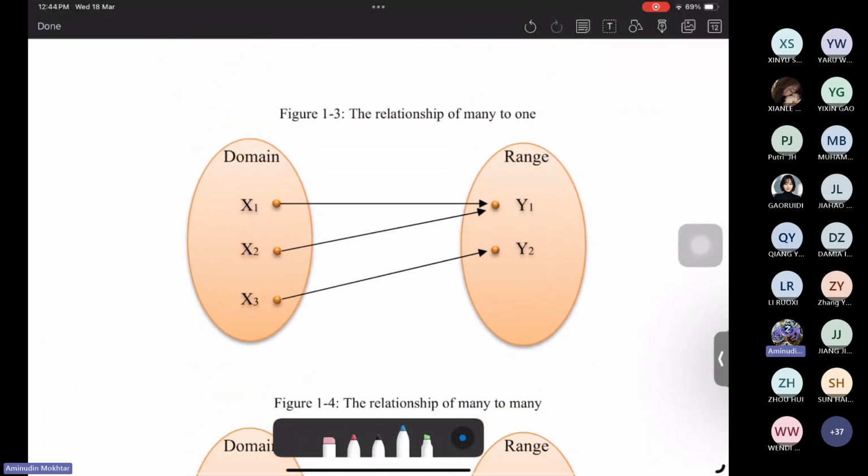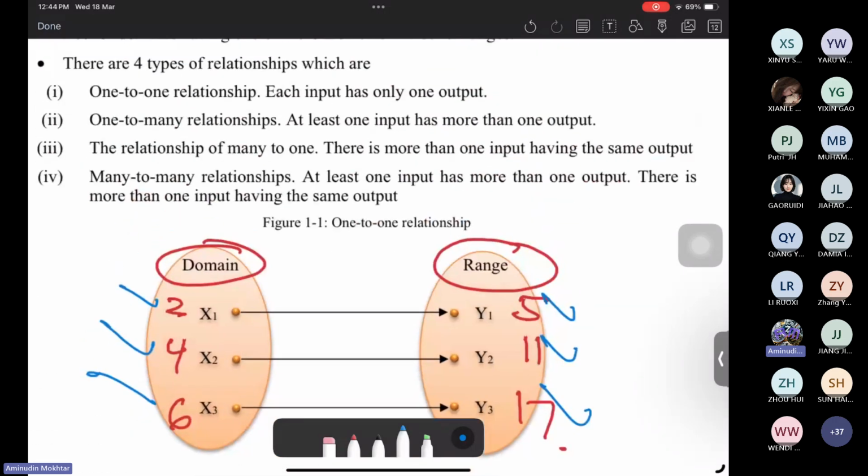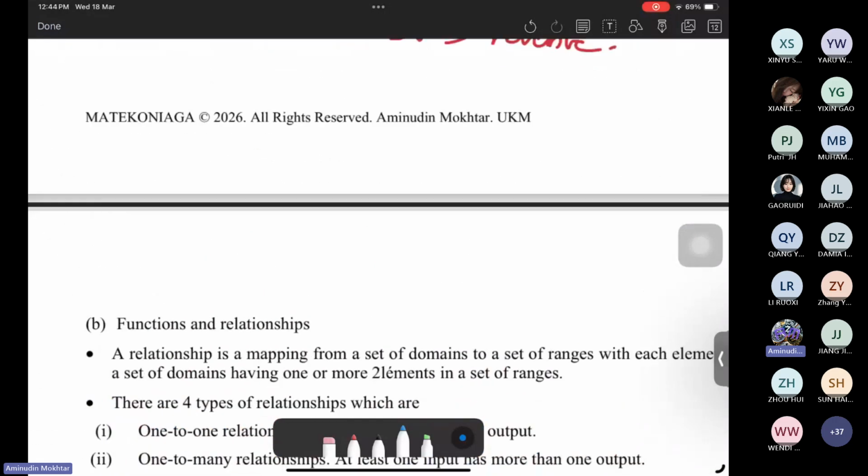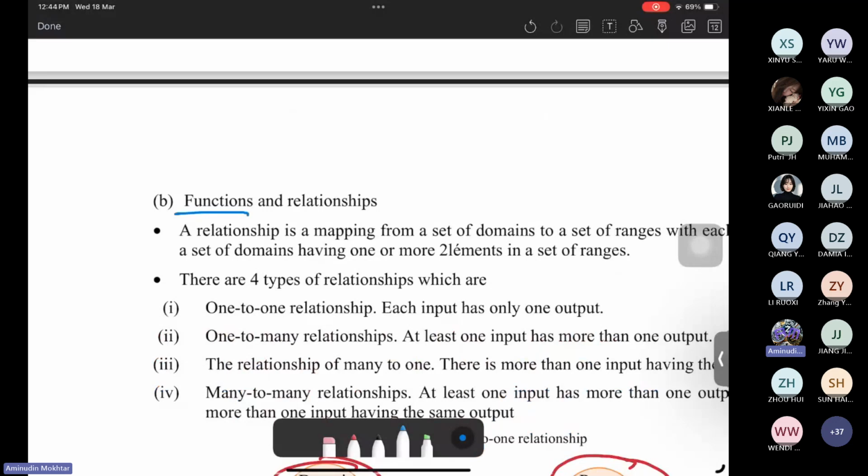If you refer to this page, it also explains the difference between function and relationship, fungsi dan hubungan. What is the difference between fungsi and hubungan?